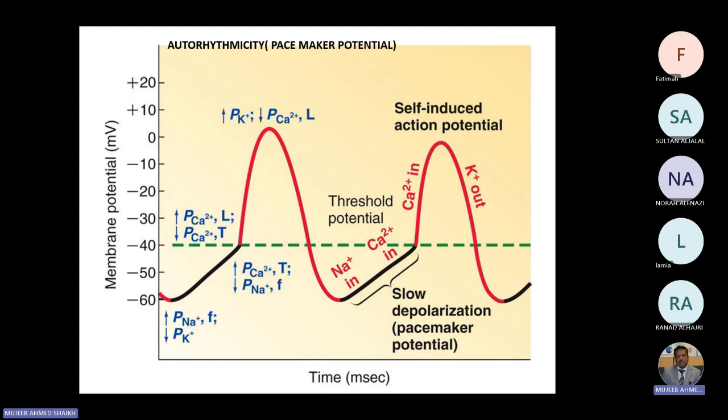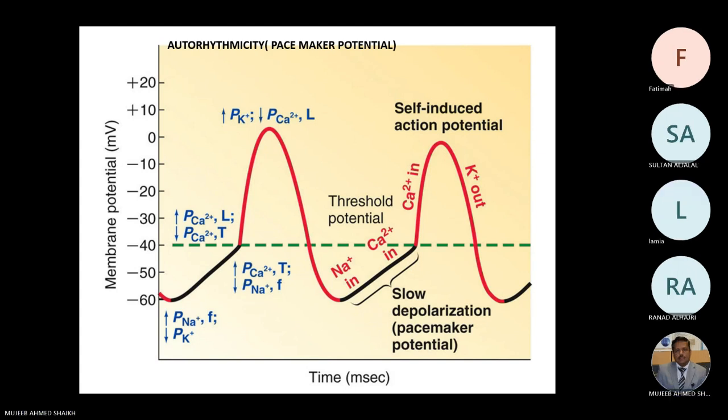Why does this pacemaker potential occur? You may ask why it is not stable, why it is always moving up and not remaining at a straight line. It is due to the presence of sodium channels, which are known as funny sodium channels. Whenever the potential reaches -60, these channels will open. This will allow sodium to move in.